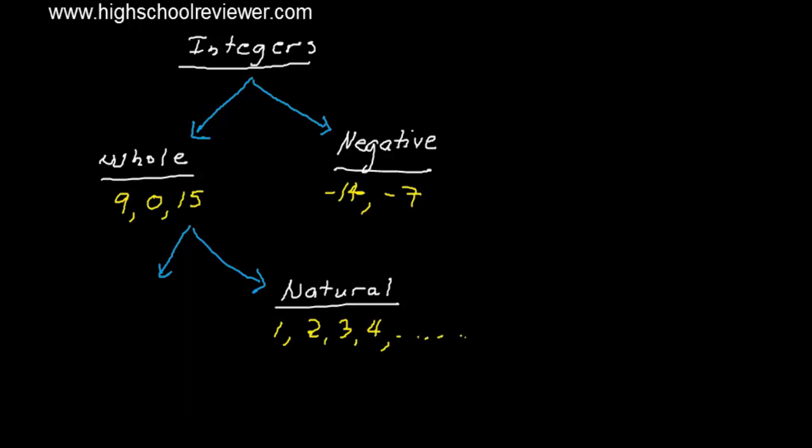All whole numbers that are not zero are called natural numbers. And the opposite of natural numbers is 0. So 0 is separated from the natural numbers. These are the different types of the sets of numbers.